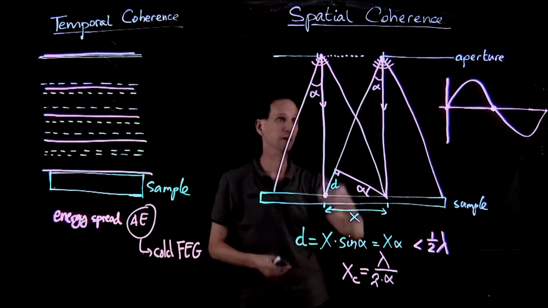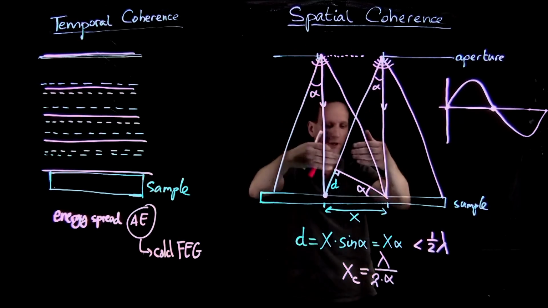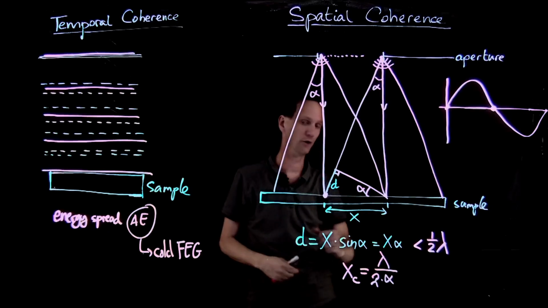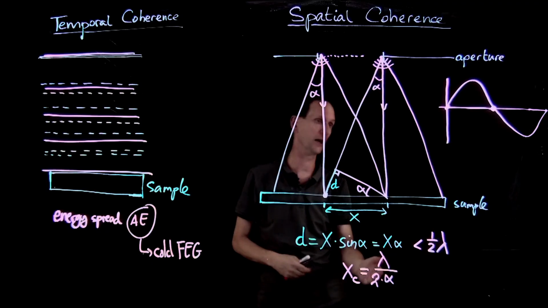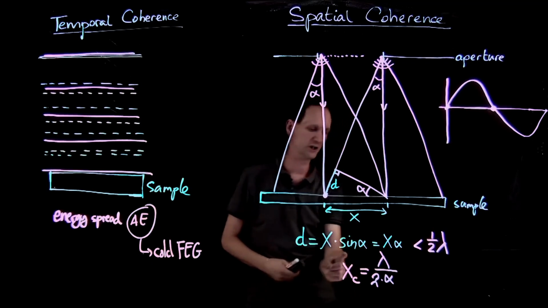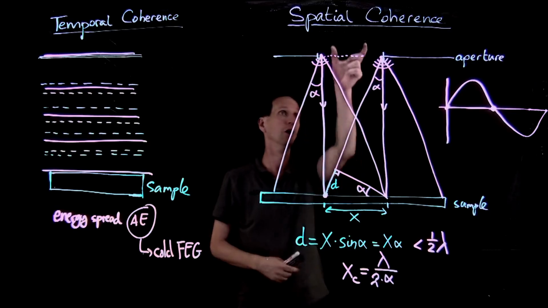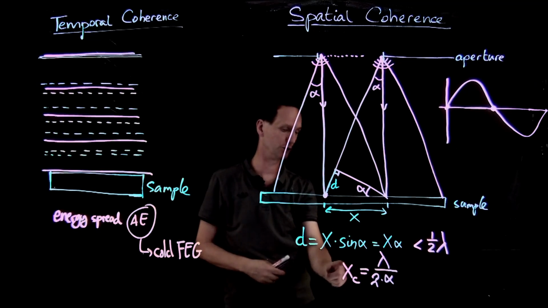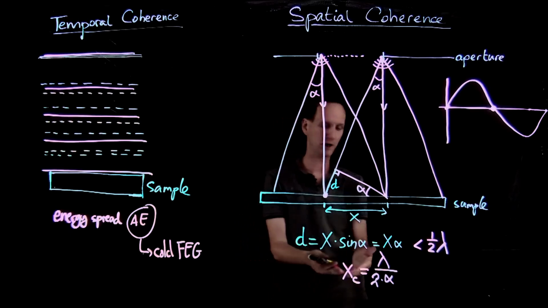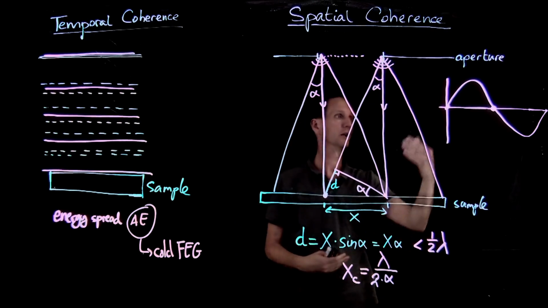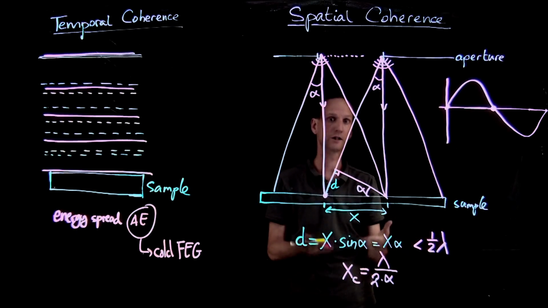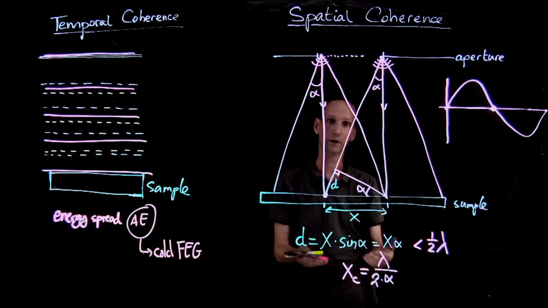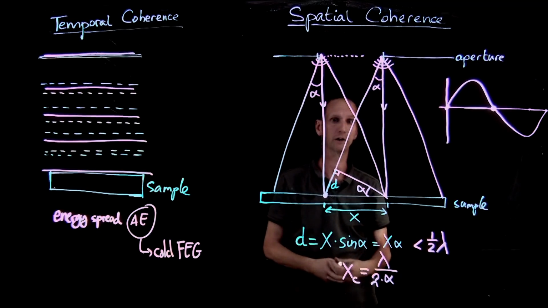And so this means that if we know the energy of the electron beam, which determines our value for lambda, and we know the specific opening angle at which we're imaging, there is a distance on the sample or a distance in the virtual source from which we can extract a beam that can still lead to observing coherence effects in a phase image or in a diffraction image.